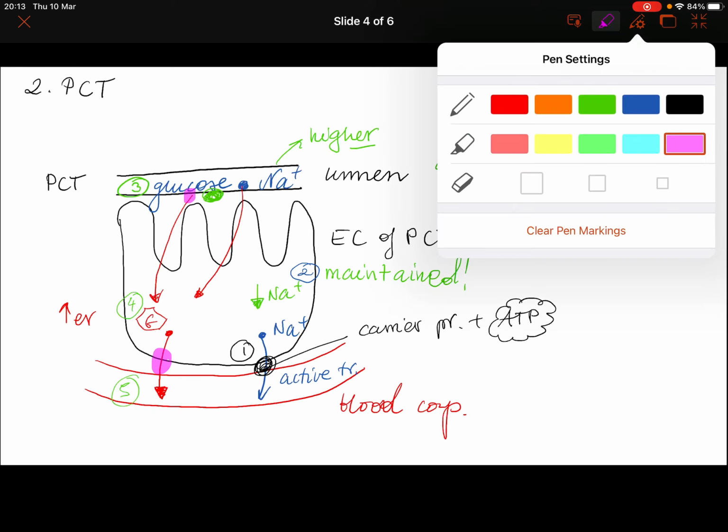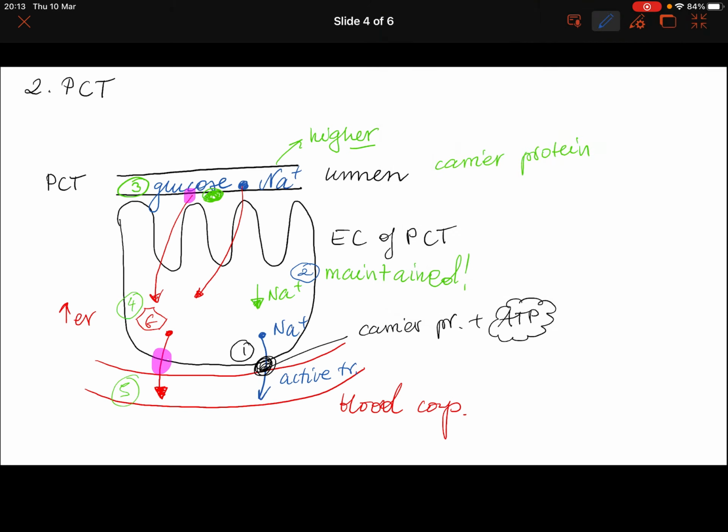However, what we need to pay attention to is the fact that by importing the sodium ions and the glucose into the blood capillary, we have lowered the water potential in the blood capillary.